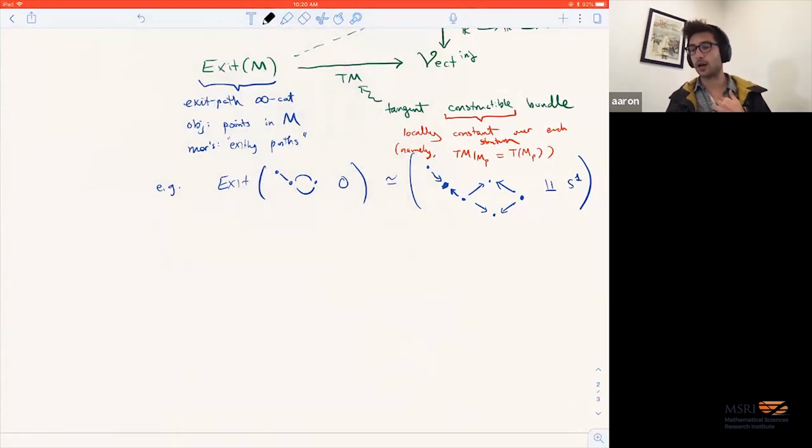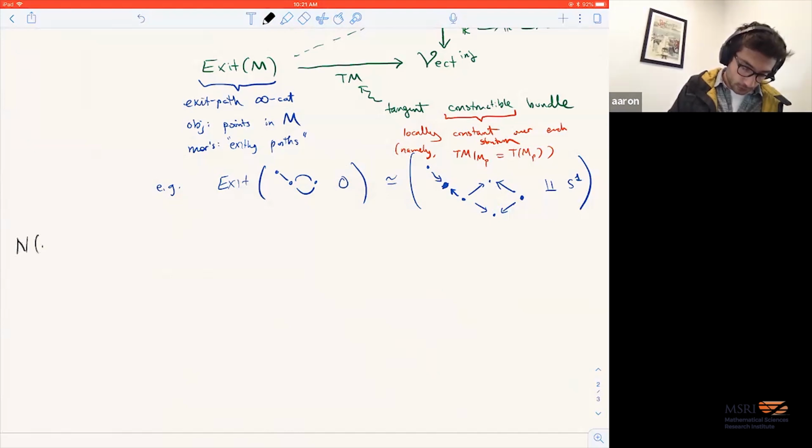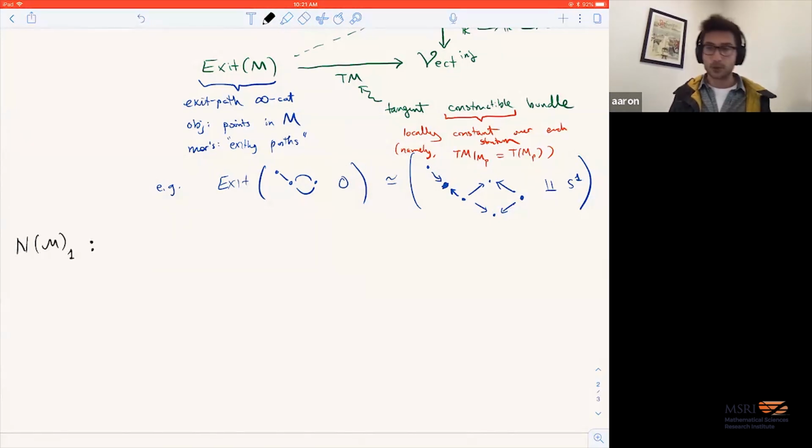I've described what the objects of this infinity category curly M are, compact veriframed one manifolds. Now let me describe the morphisms. And again, I'm using this perspective on infinity categories as certain simplicial spaces.